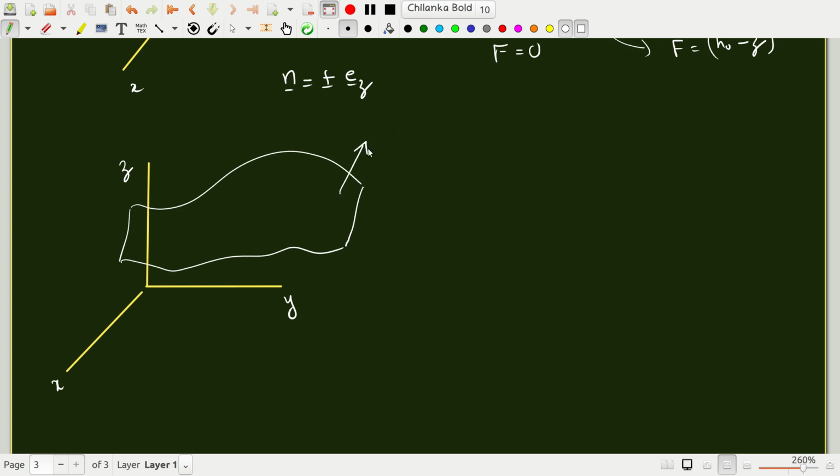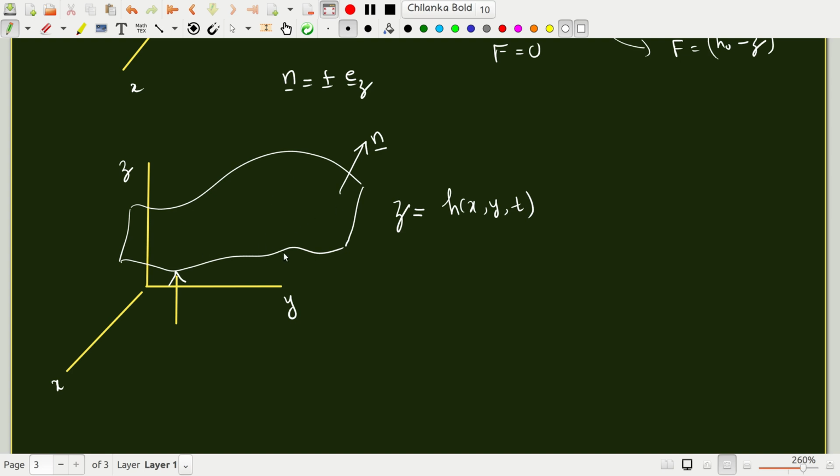So this is the unit normal, and now you can define the location of the interface by a function. You can say this is the location of this interface, z is equal to h of x, y, t.